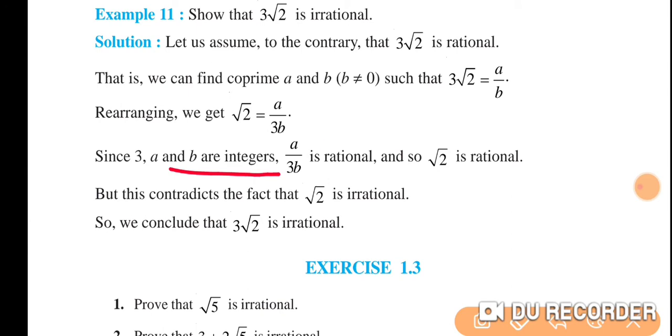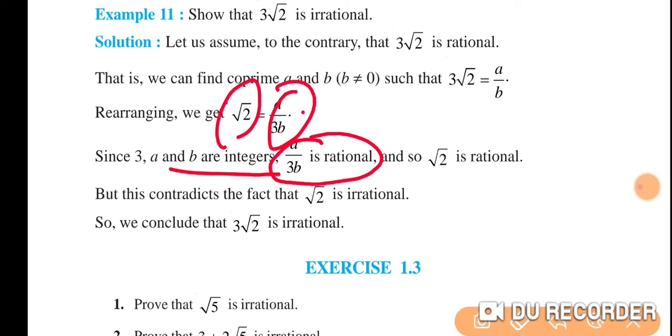So a upon 3b will be a rational number, and a upon 3b is equal to root 2. Therefore, if a upon 3b is rational, then root 2 should also be rational. But that contradicts the fact that root 2 is irrational. Therefore, 3 root 2 is irrational.